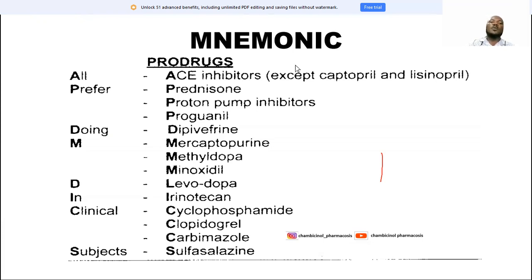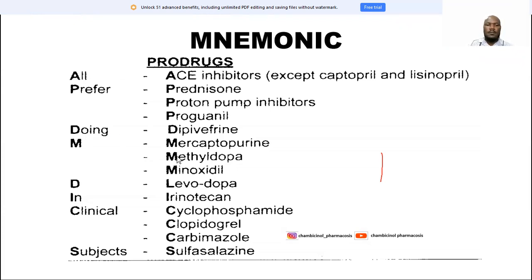The "P", from the word "Prefer", includes prednisone, proton pump inhibitors, and proguanil. "Doing" means dipivefrin, which is the pro-drug of epinephrine, used for the treatment of open-angle glaucoma.